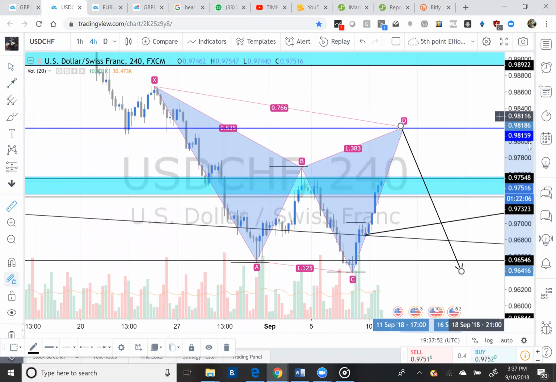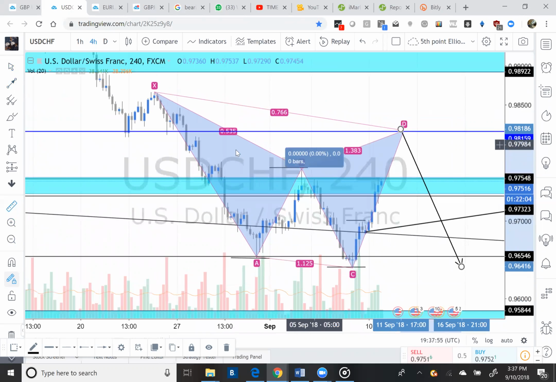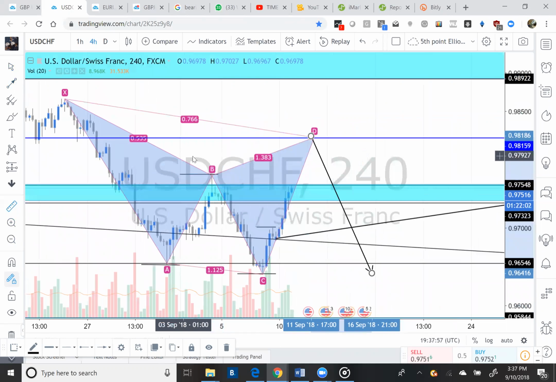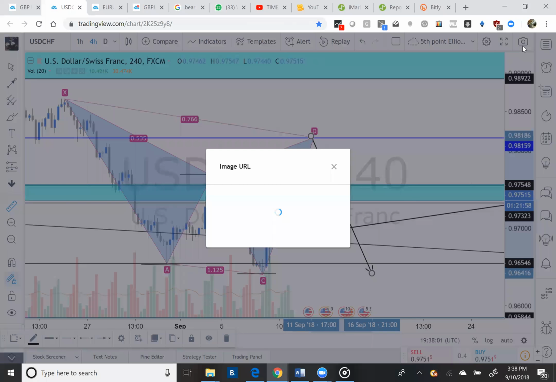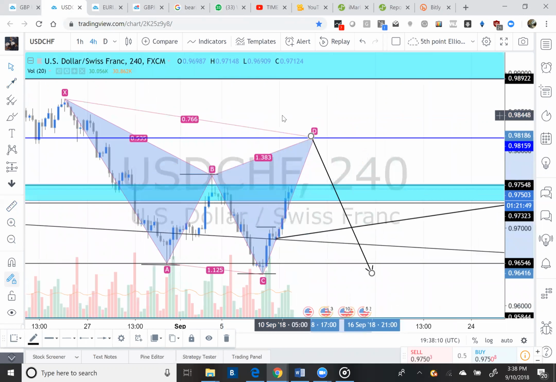So I'm about to post the trade idea in the Telegram group. And I look forward to seeing you catch some pips. We said 1,000 pips for this week we are aiming for, and we are going to get that done.